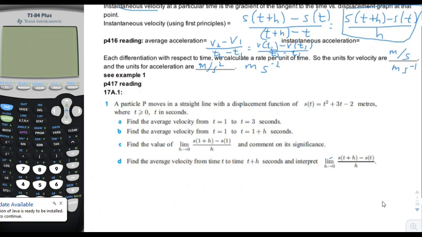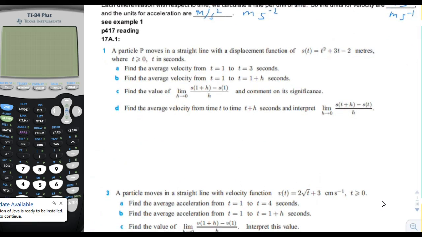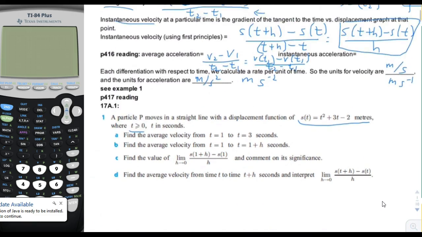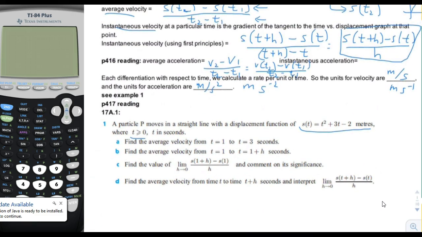Let's go to 17A1, problem 1. A particle P moves in a straight line with a displacement function given here, where t is greater than or equal to 0 and t is in seconds. So you can probably predict that the way we're going to find the velocity and acceleration from here, given these equations, is we are going to take derivatives.